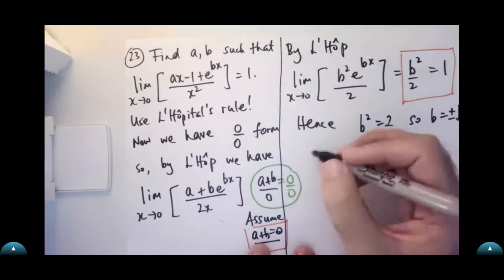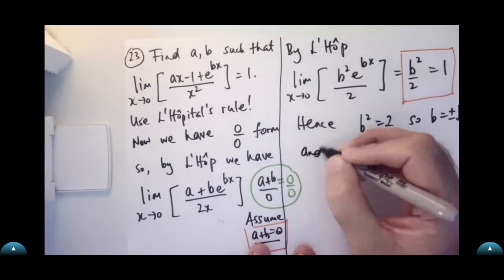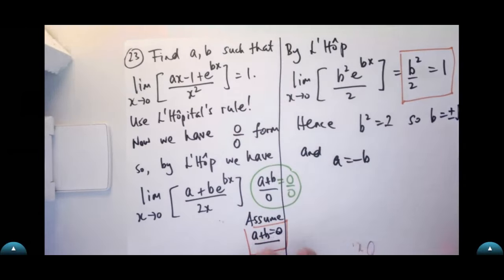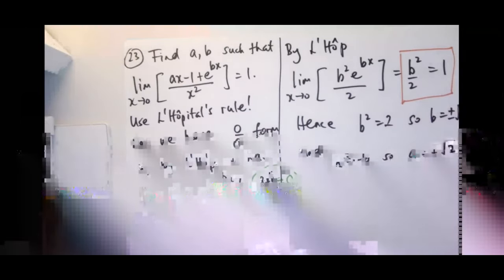And then we can get a from here. a equals negative b. So a equals negative or positive root 2.